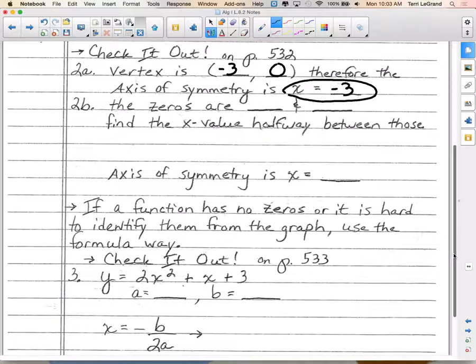Okay, 2b. Will you identify the zeros in 2b on your papers, please? What are the zeros for 2b? Apparently there are 2 of them. So what are they? Negative 2 and 4.